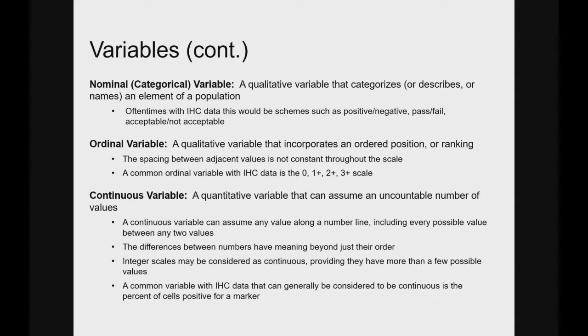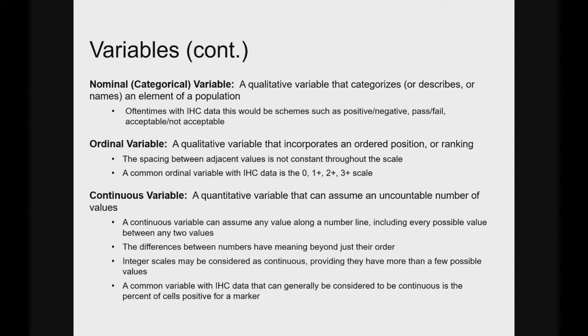One more level of division here is on the variable side. It's important because this has direct impact on how you choose to analyze your data. Depending on the textbook that you look at, you can find a lot of different variations on this scheme. You can find some subcategorizations within these different elements. And you can actually find a few that might sort of contradict each other, but hey, that's life, right? That's different authors writing different books.